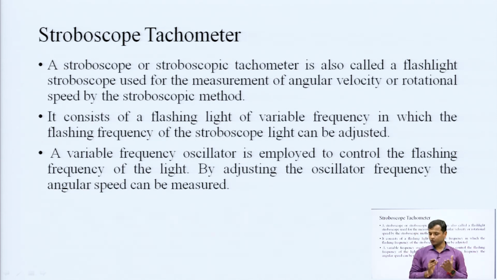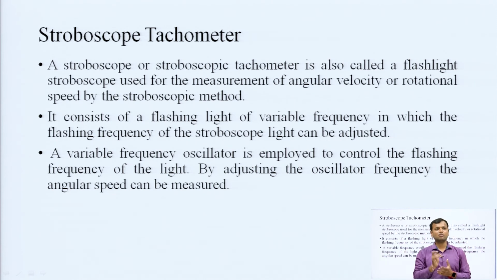A stroboscope or the stroboscopic tachometer is also called a flashlight stroboscope because we use a flashlight arrangement in the stroboscope for the measurement of angular velocity or the rotational speed by the stroboscopic effect or the stroboscopic method. It consists of a flashing light of variable frequency, in which the flashing frequency of the stroboscope light can be adjusted.